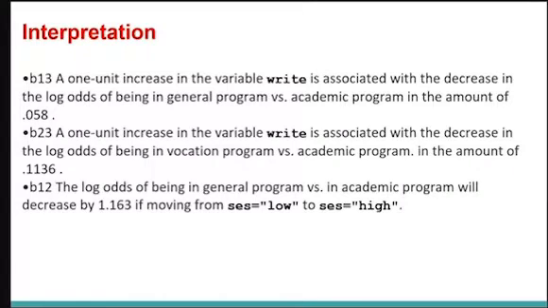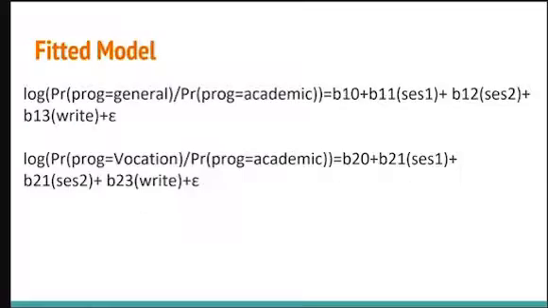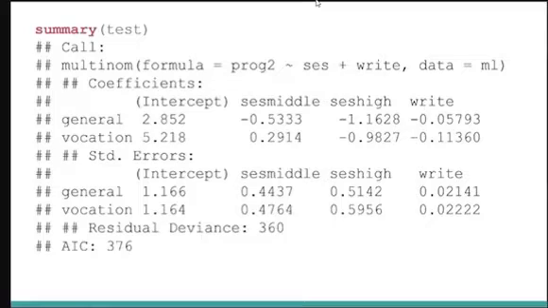Now how do I interpret that? I'm going to say a unit increase in the variable is associated with a decrease. Why am I saying decrease? I'm saying decrease because the coefficient for general is negative. That's a negative, and that is why I said a decrease.